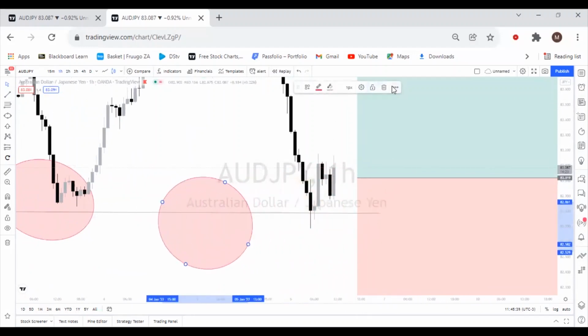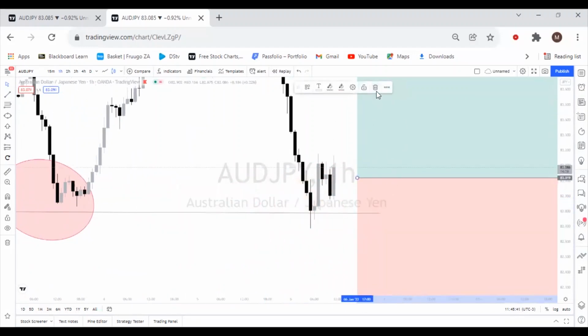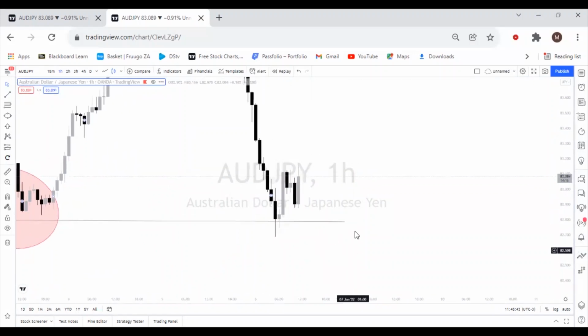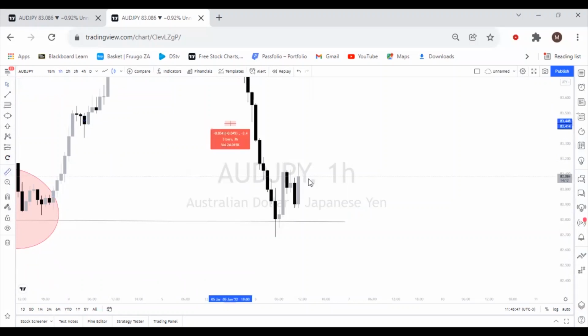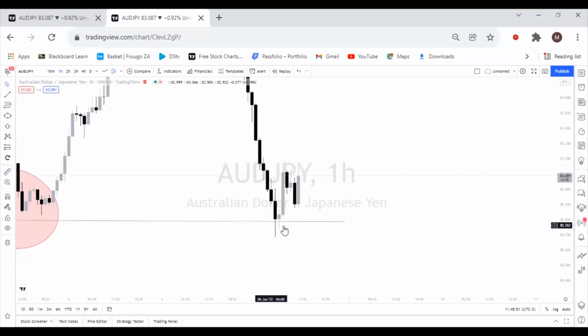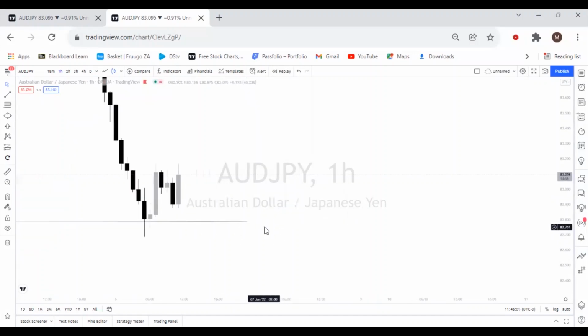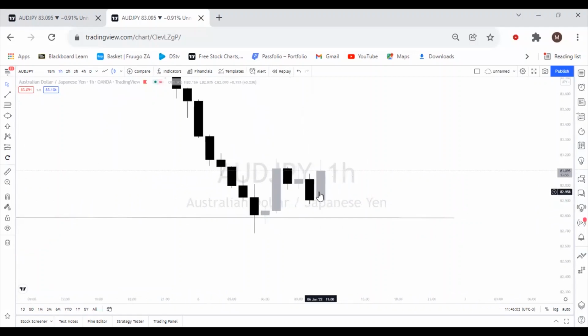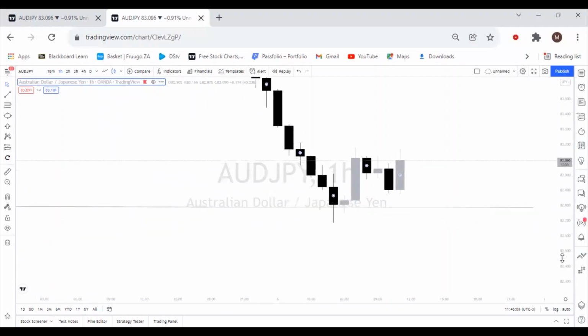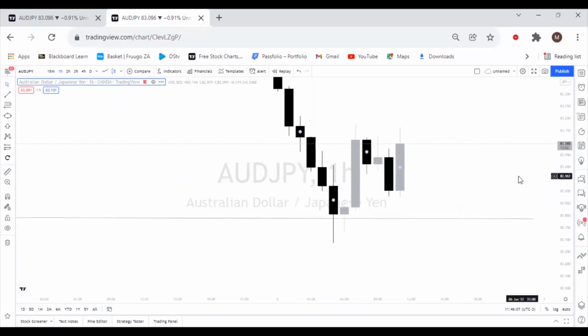I'll just remove this for now. I just need us to focus on this area basically. So you can see at the trend line or support, we had a nice rejection, and then the following candlestick was a bullish candlestick, which looks more like a doji or morning star or evening star.